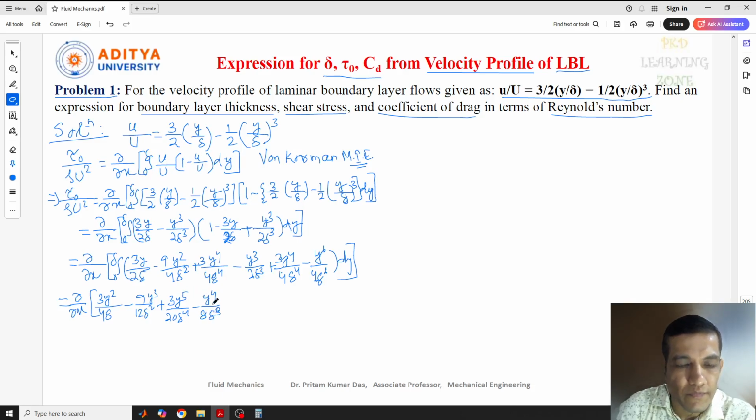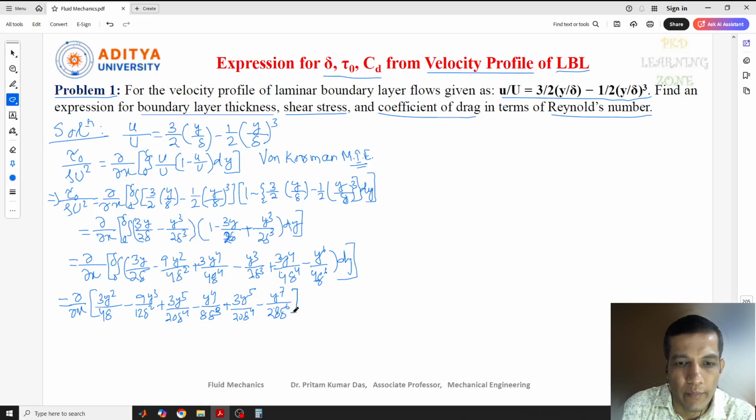Okay, and next is similarly 3y to the power 5 by 20 delta to the power 4. Okay, and the next one is the last one, that is y to the power 7, and here 7 into 4, that is 28, delta to the power 6 as usual.